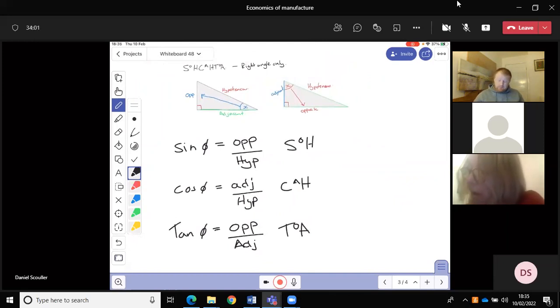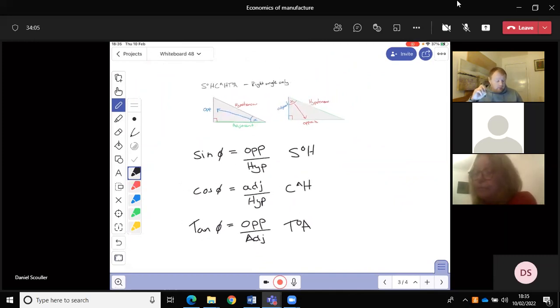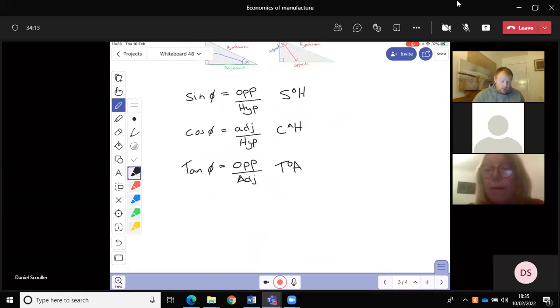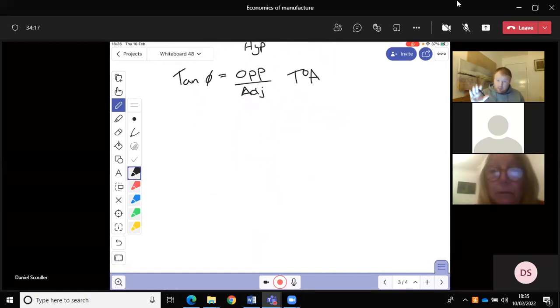So my method when I do this, when I know it's a right angle, I know there's a missing side and I've got an angle, once I identify what the hypotenuse is, I'll just write out the whole thing, SohCahToa. Okay, and then work out what I need to find.